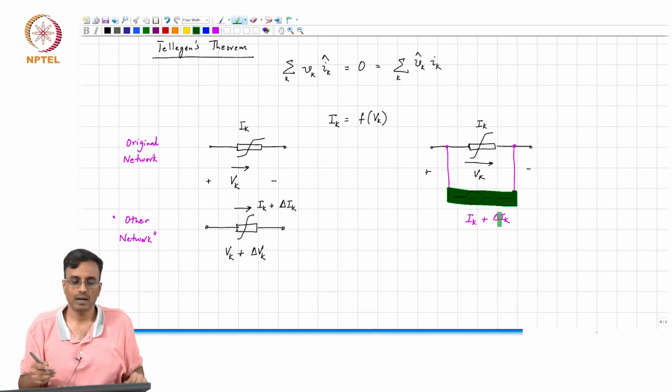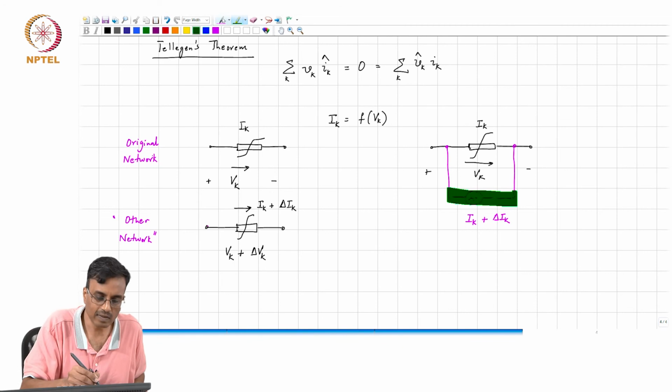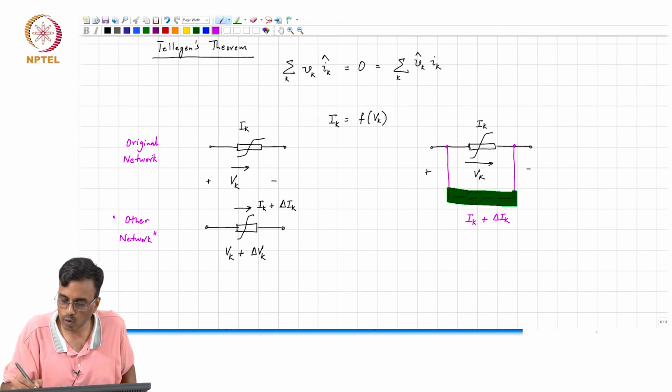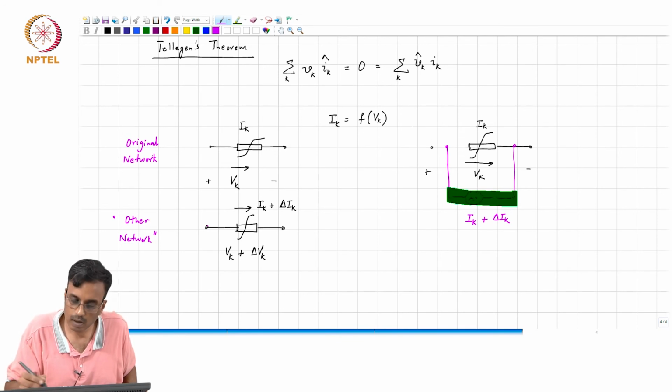Okay. And likewise, I'm going to put in series with every branch a voltage which is in the opposite direction. I'm going to put Vk plus delta Vk.